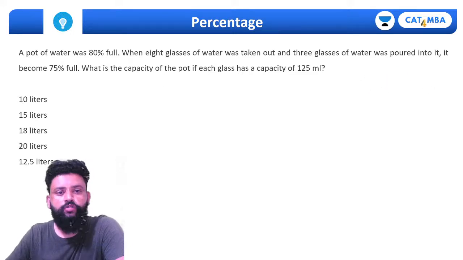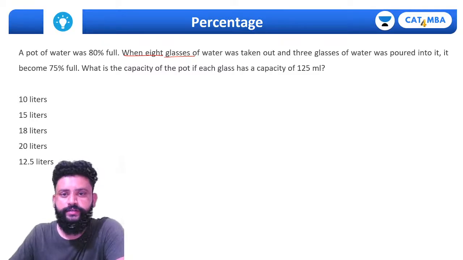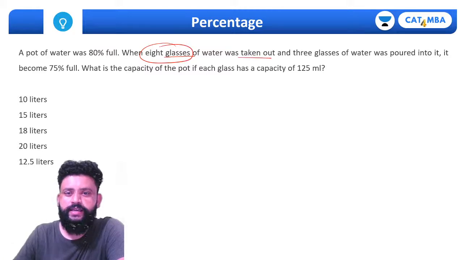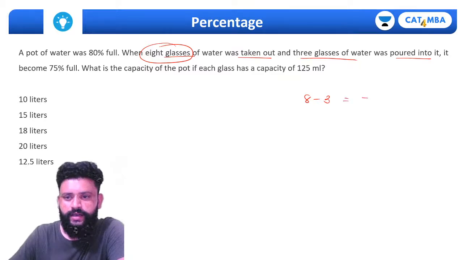A pot of water was 80% full when 8 glass of water was taken out and 3 glass of water was poured into it. That's very simple. 8 glass taken out and 3 glass poured, so 8 minus 3 comes out to be 5 glass.